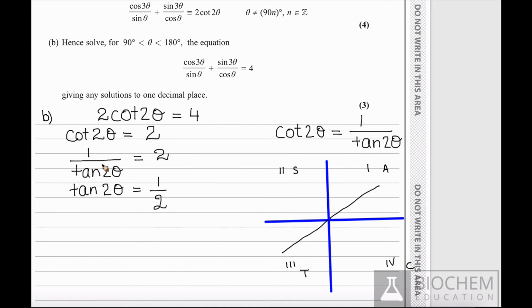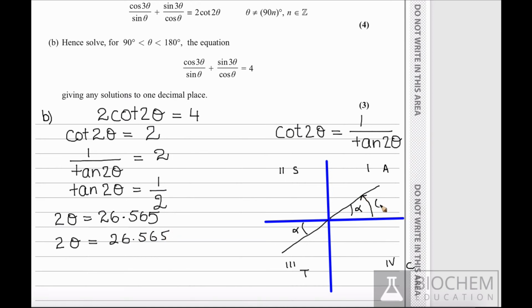So we can first take tan inverse of half to find 2 theta. Tan inverse of half gives an answer of 26.565 on the calculator. This value is actually the alpha, the acute angle that you obtain here. One value that 2 theta would equal is 26.565, which corresponds to this angle.